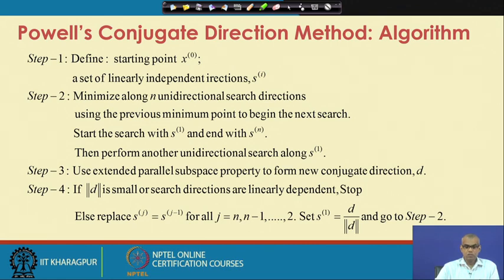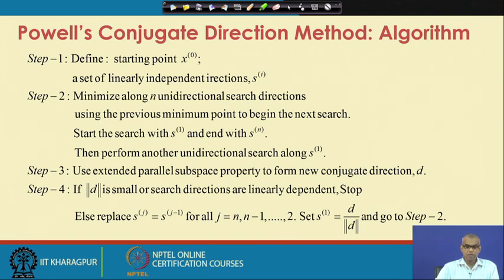Start the search with S 1 and end with S n. So, you have n linearly independent search directions S 1, S 2, S 3, S 4 up to S n. So, you start the search with S 1 and end with S n, then perform another unidirectional search along S 1.